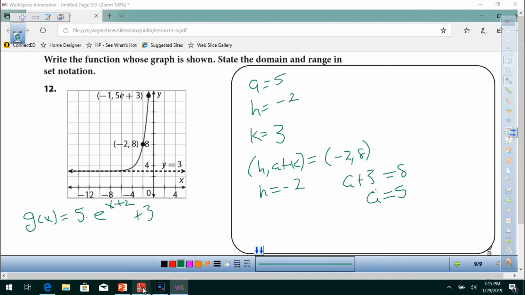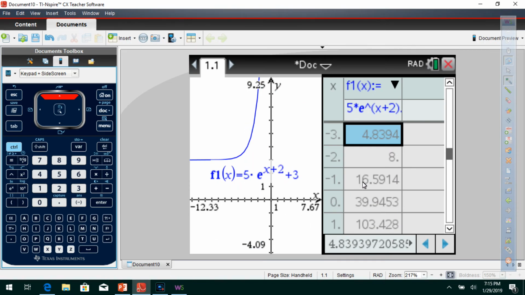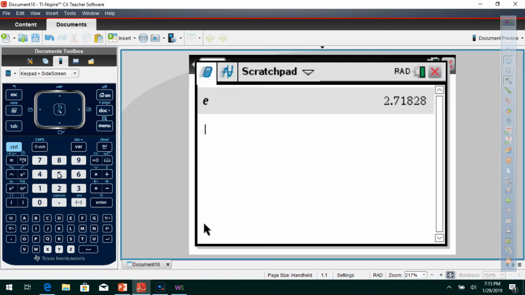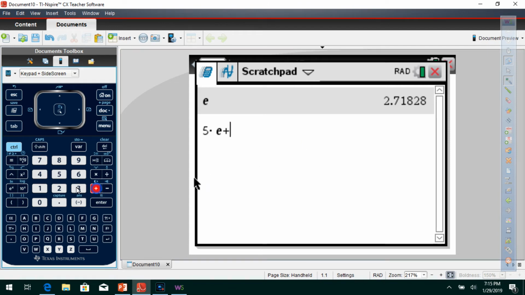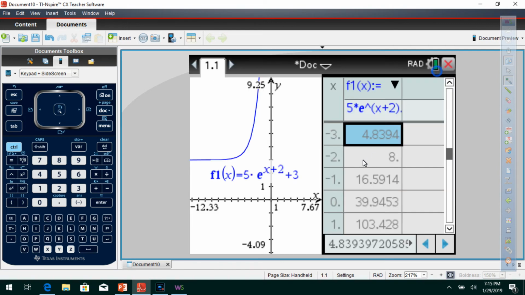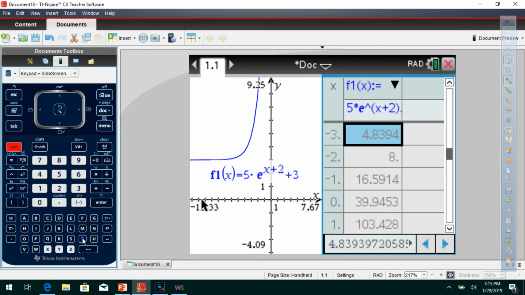Negative 1 and 5 times e plus 3. Is that what it said? Let's see here. 5 times e plus 3: 16.59. There we go. We got a winner.